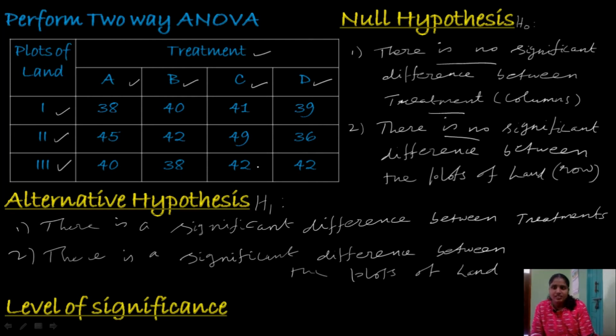Nothing is mentioned about the level of significance, so by default we take alpha as 5% level of significance, that is 0.05. So we have set up the null hypothesis, alternative hypothesis and level of significance. Let's move on to the calculation procedure.